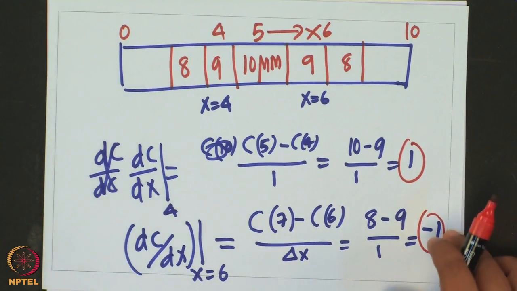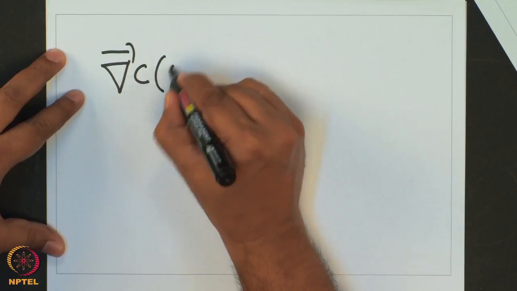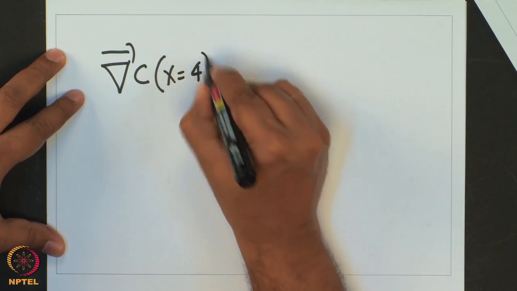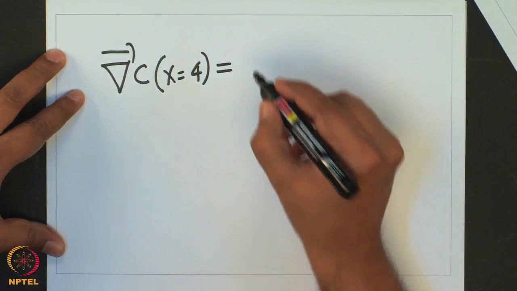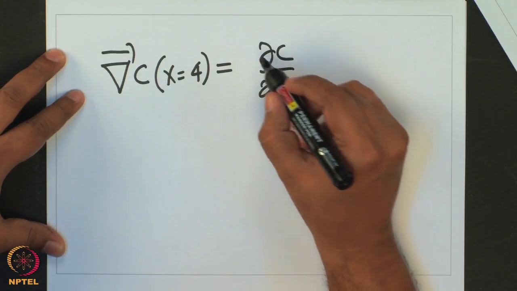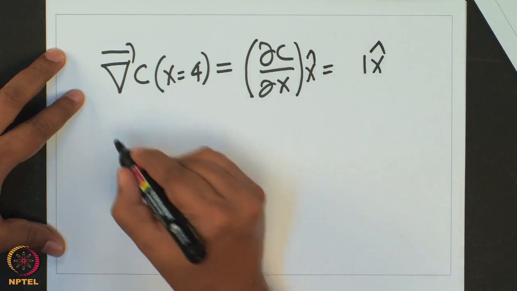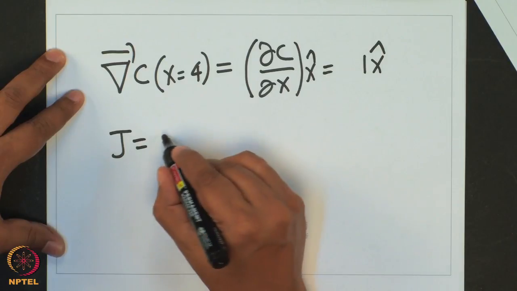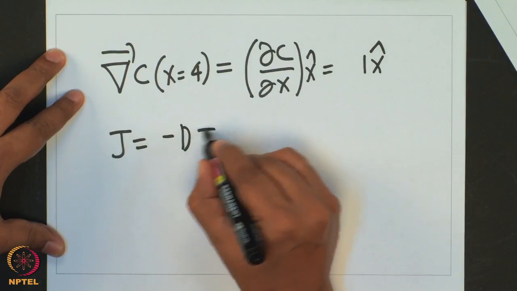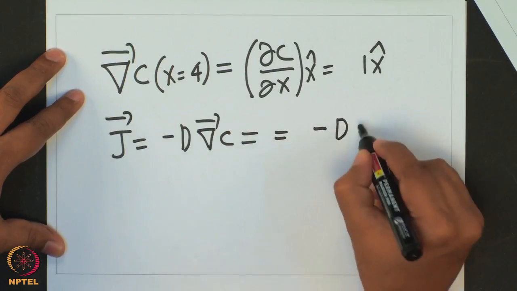Now let us write this in the language of gradient. So let us calculate the gradient del C evaluated at x equal to 4, which will give us del C by del x x cap, which was 1 x cap, and the flow is minus D del C, which would mean minus D x cap.